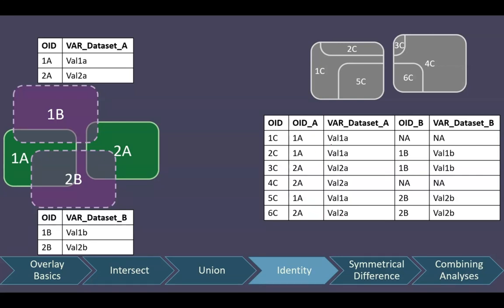There's no NAs in any of the A attributes, and that's because by design we got rid of any of them that were just B. But you'll see there are a couple that don't have data in B, and that's because with identity we kept the features from A that didn't have overlap. So that's one of the big differences between union and identity: in this case, 1C and 4C represent the 2A and 1A that didn't have any overlap. So hopefully that makes sense.